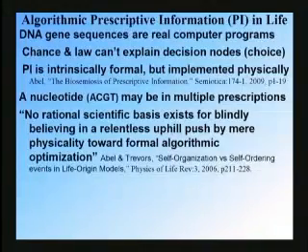There is no rational scientific basis for blindly believing in a relentless uphill push by mere physicality toward formal algorithmic optimization. There is no natural cause of functional algorithms. From computer science, I've seen some computer science programs that look like they were randomly put together, but they're not functional.